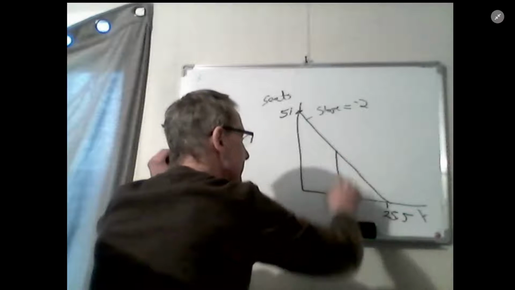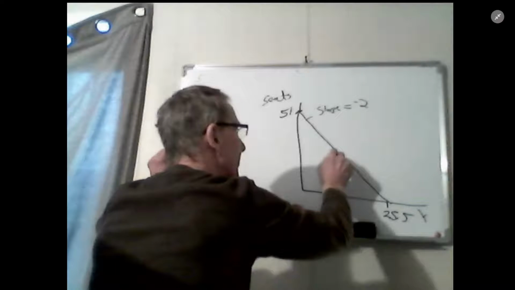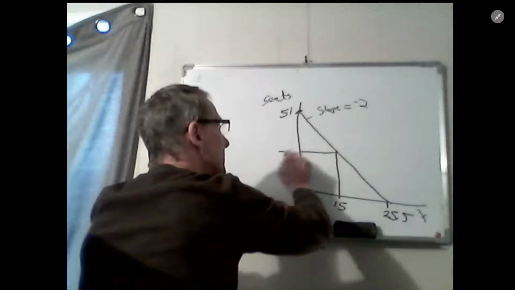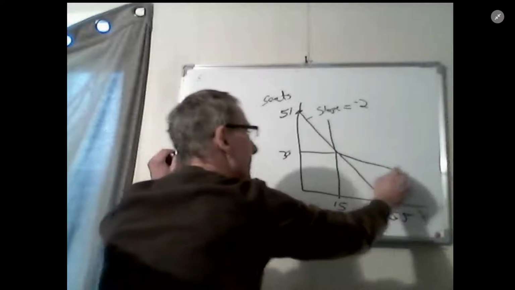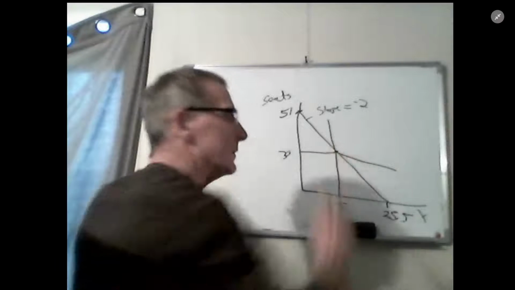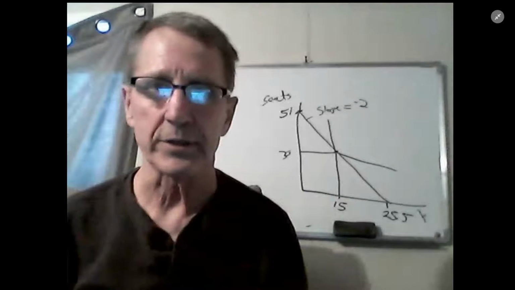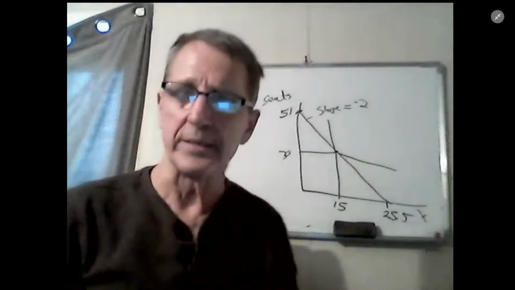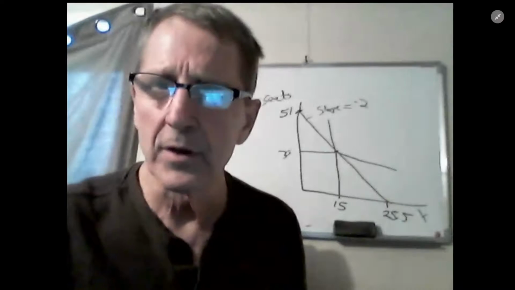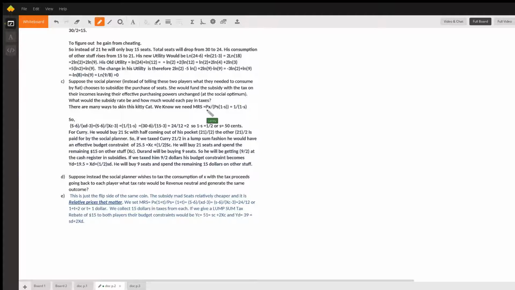And at 15 and 30, we have a tangency. And that's our solution. Now, the next question is, what if instead, well, I'll come back to that in the next part. I've got to stop recording because I've gone over my limit.